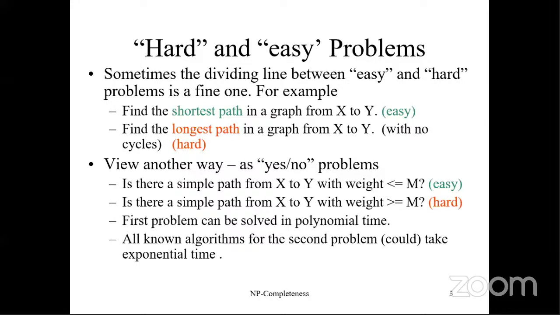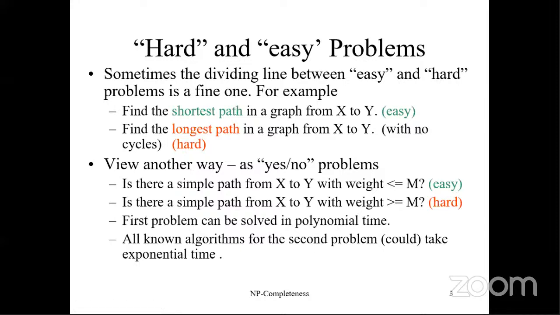But if that is greater than or equal to the benchmark, it becomes hard because there are several values that will exist when the weight is greater than or equal to m. So the first one can be classified as a polynomial time problem, and the other one can be classified as an exponential time problem.